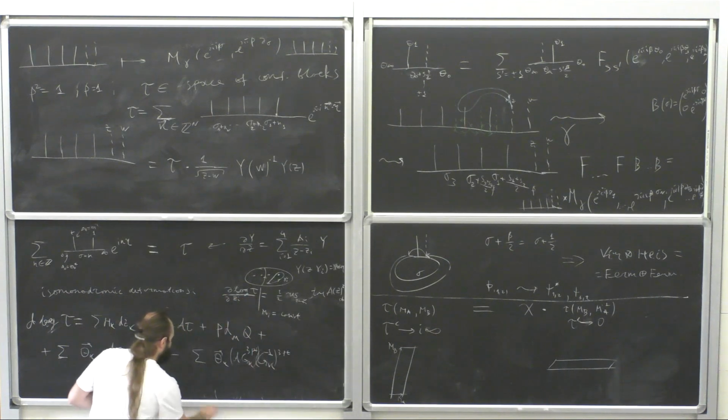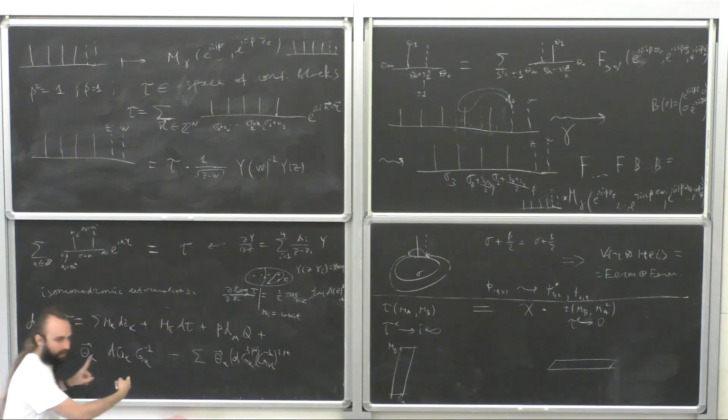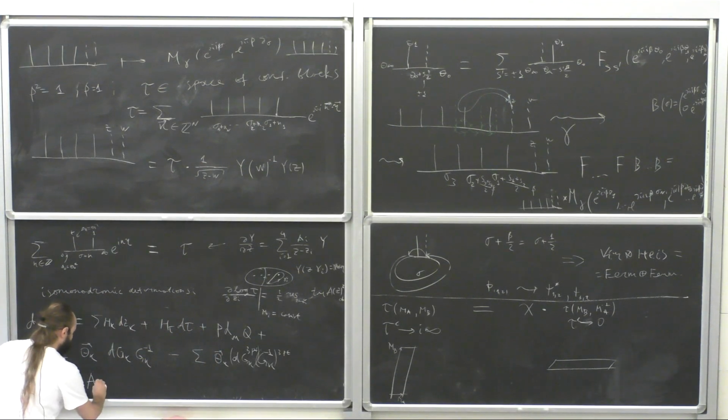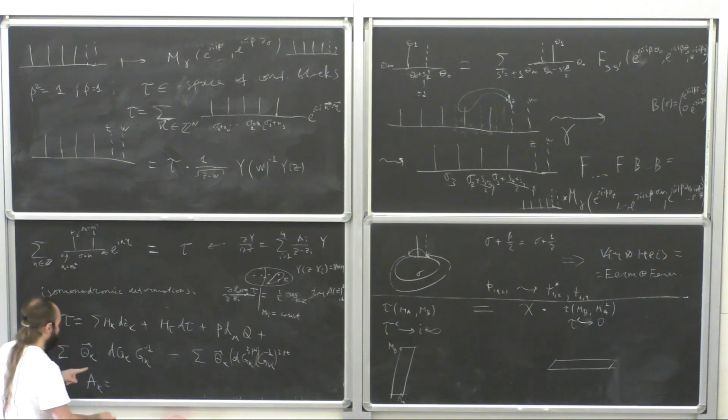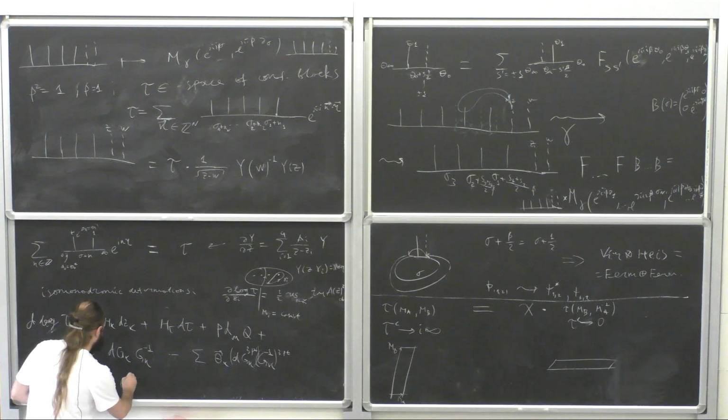So we have, I need to write the definition of G. The definition of G is the following: it is a matrix which conjugates A to diagonal form.